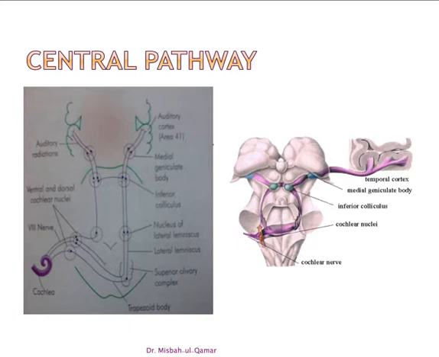Now focus on this figure where you can see that the sensory fibers from the spiral ganglion enter the brainstem, and immediately after entering the medulla oblongata the fibers divide into two groups which terminate in the cochlear nuclei, the dorsal cochlear nuclei and the ventral cochlear nuclei.